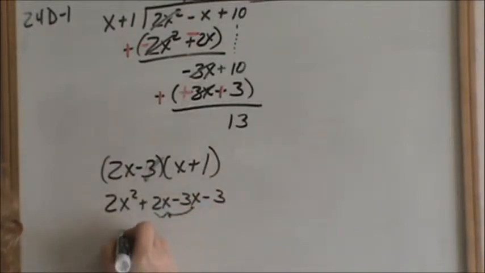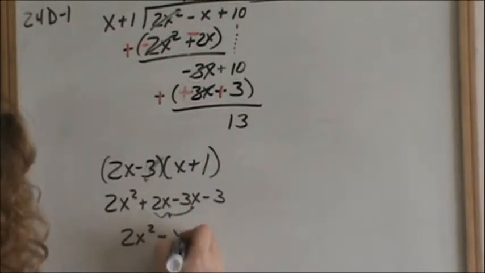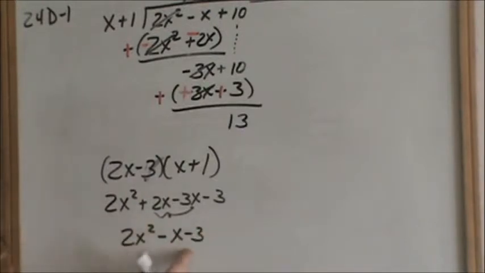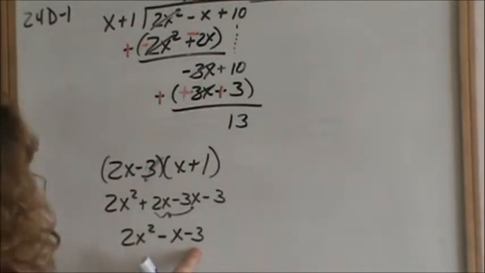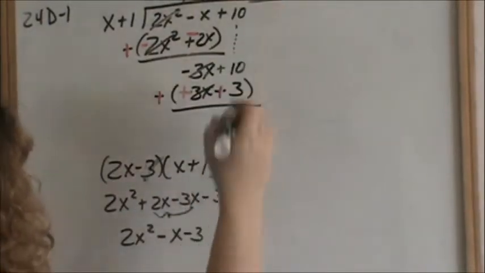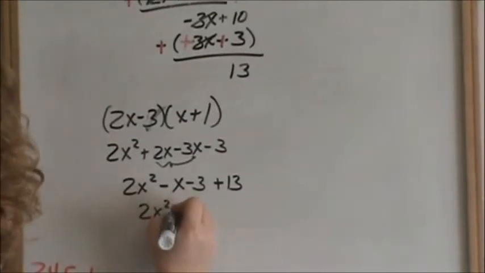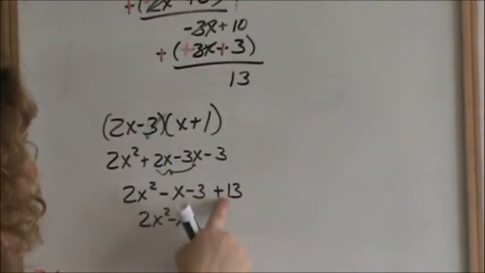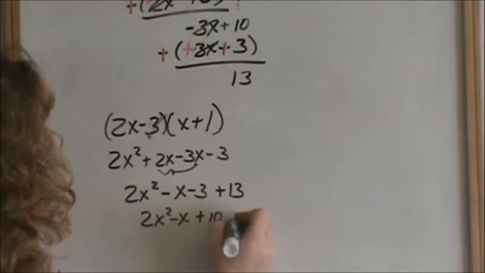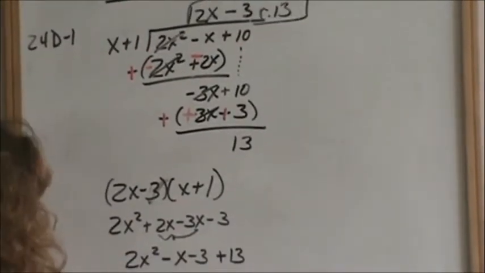Combine your like terms. 2x squared, a positive 2x, and a negative 3x is a negative 1x. When you get to this point, now you add on your remainder. Okay, so now you add on the remainder, say plus 13. So 2x squared minus x, a negative 3 and a positive 13 is a positive 10, and therefore you get what is under the division symbol, and it checks.